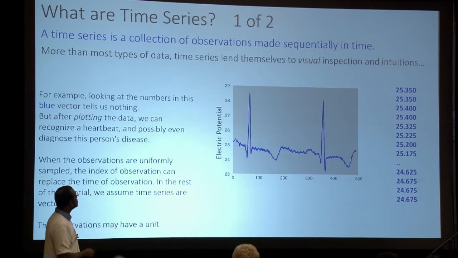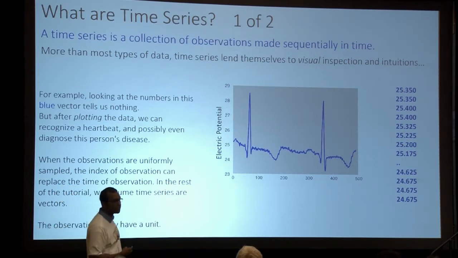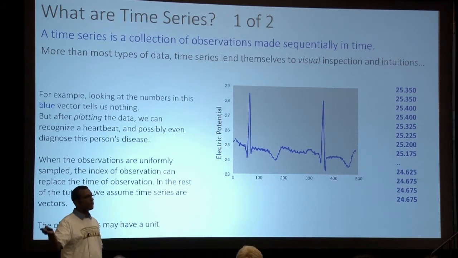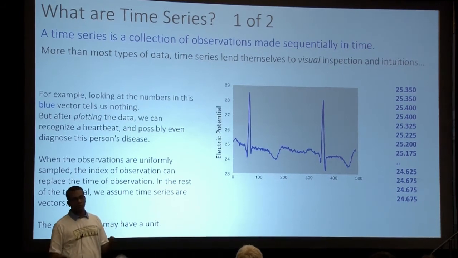This blue vector is this time series here, shown in blue, two heartbeats. In the x-axis, we have only the index of the observation. If a time series is sampled at equal intervals, in an equispaced manner, then you don't need the exact timestamps. All you need is the order of the individual observations.